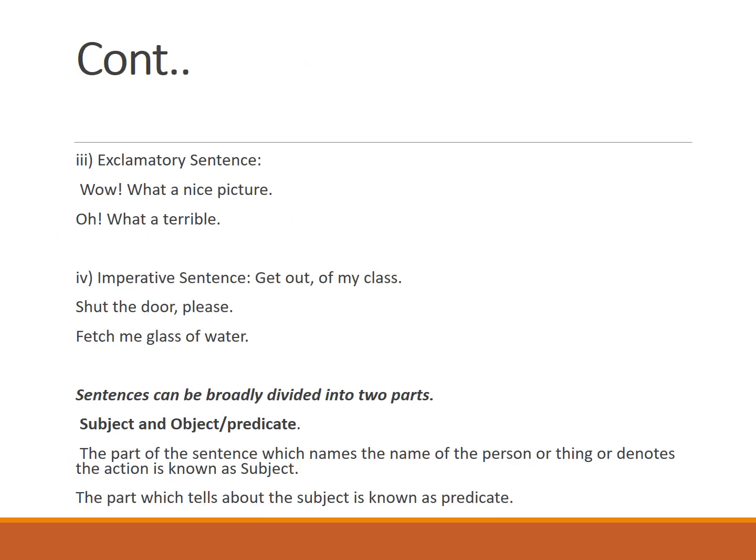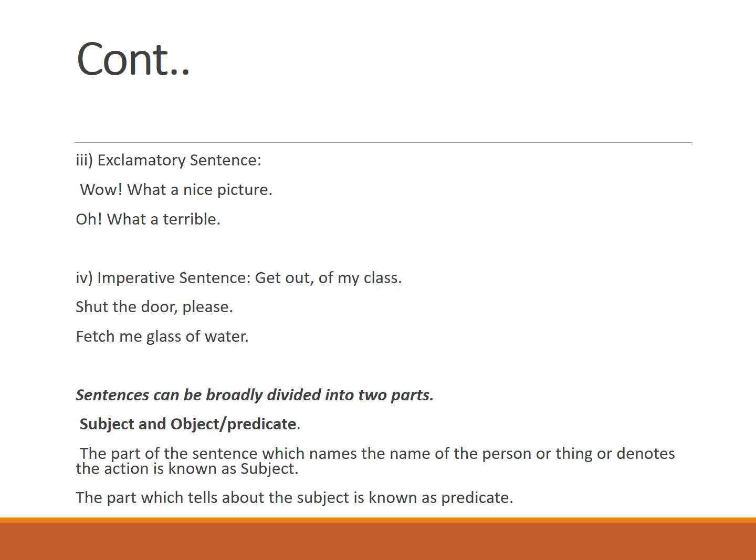And number three, exclamatory sentences. Wow, what a nice picture! So here you are expressing your feelings. Oh, what a terrible thing! So you're feeling happiness, surprise, sadness. Whatever feeling you experience from your surroundings and from the experience of your life, you express it in exclamatory sentences.